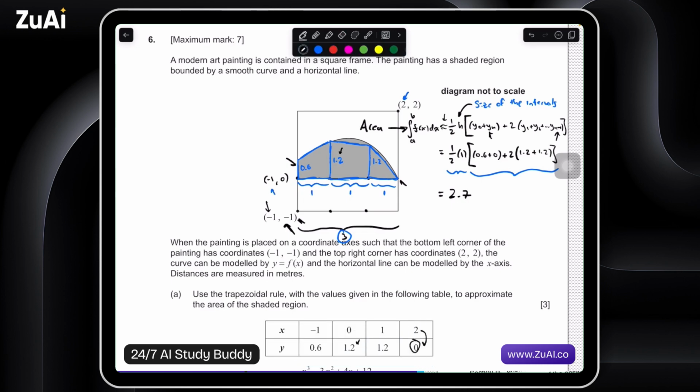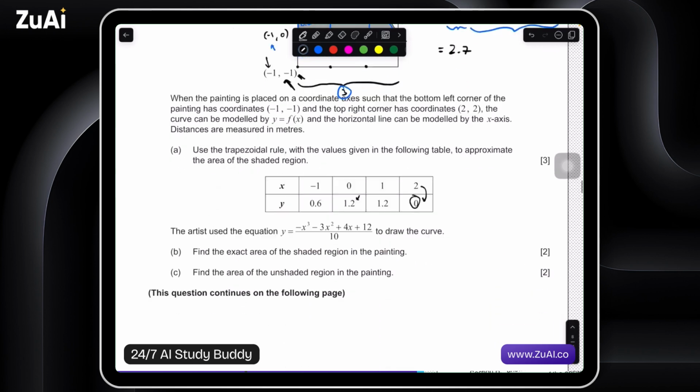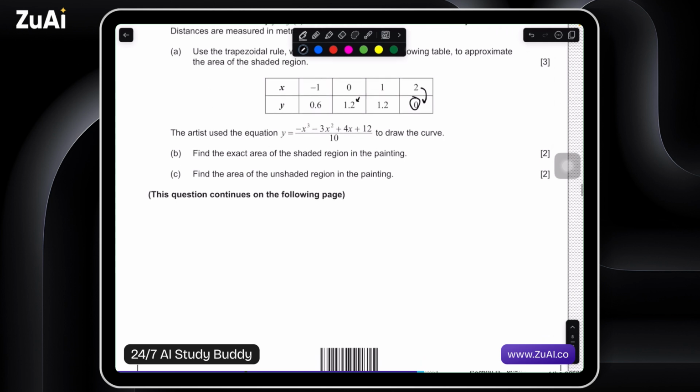So the trapezoid rule gave us an estimate for the area under the curve, but the true area under the curve is given by this integral right here. So the sum of the values, or the area under the curve, with some starting point and ending point of some function f of x. And then we want to keep these x's, or the variables, always the same. And for AISL, it's always x.